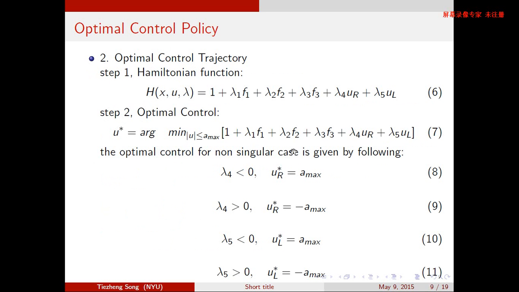The optimal control policy is given by the following, where equation 8 means that when the variable lambda 4 is negative, the control input on the right wheel needs to take the maximum value in order to minimize the Hamiltonian function. For the same reason, the other three control policies can also be found.